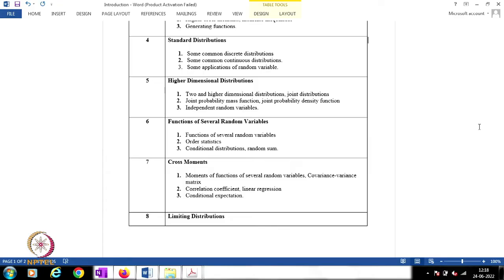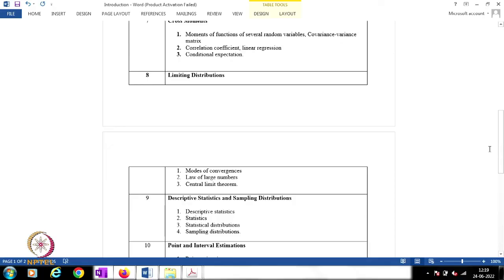Then in the seventh topic we cover the cross moments, covariance matrix and correlation coefficient and so on. Even though we discuss the correlation coefficient and linear regression in detail in the later part, we introduce them via probability concepts. Then in topic 8 we cover limiting distributions. That means we introduce a sequence of random variables, and the convergence or divergence of a sequence of random variables and so on.